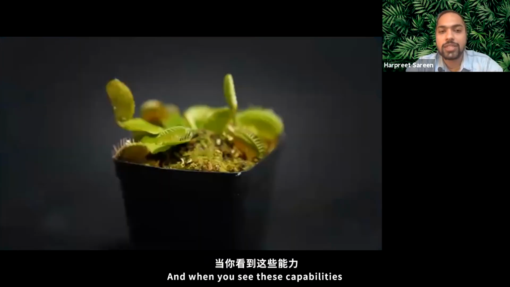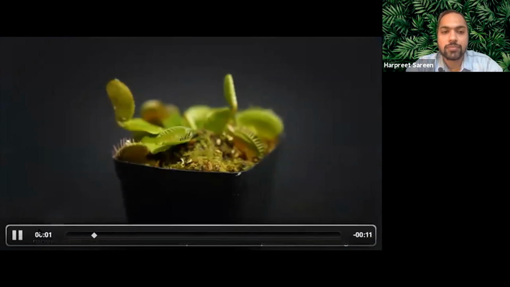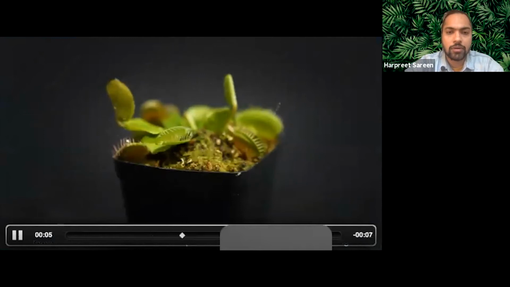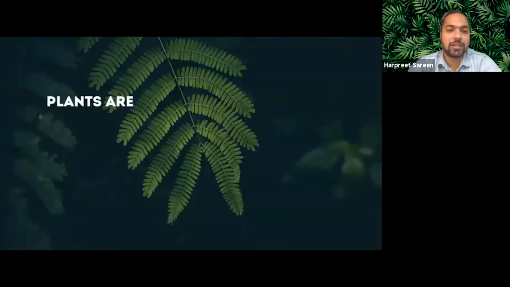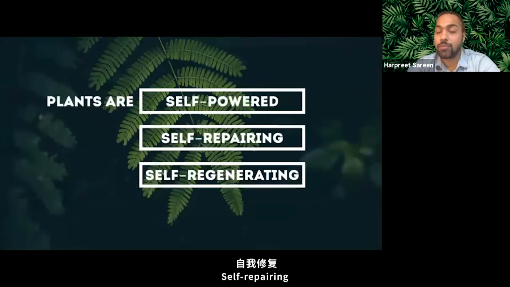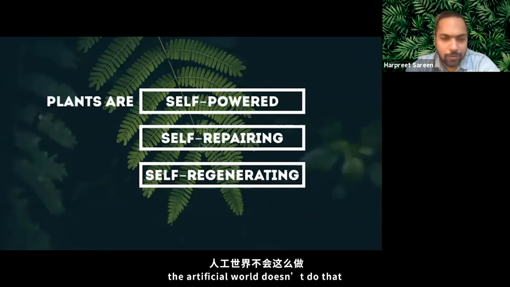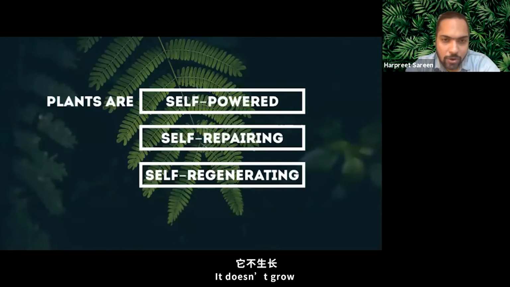And when you see these capabilities, the self-powered, self-repairing, self-regenerating, and if you think about it, the artificial world doesn't do that. It doesn't grow, it doesn't repair, it doesn't regenerate.